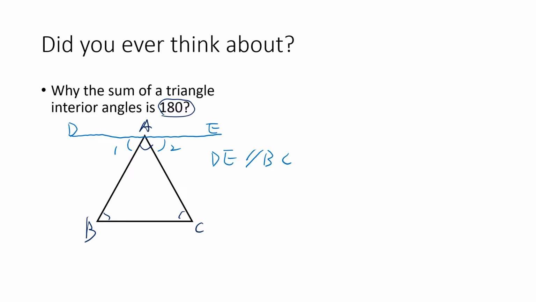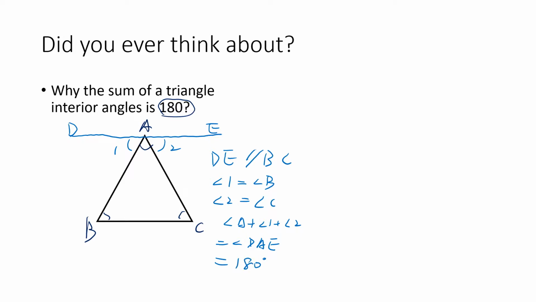Angle 1 equals angle B, and angle 2 equals angle C. This is because they are internal alternate angles. And then angle A plus angle 1 plus angle 2 equals angle DAE. Because DAE is a line, it's 180 degrees.